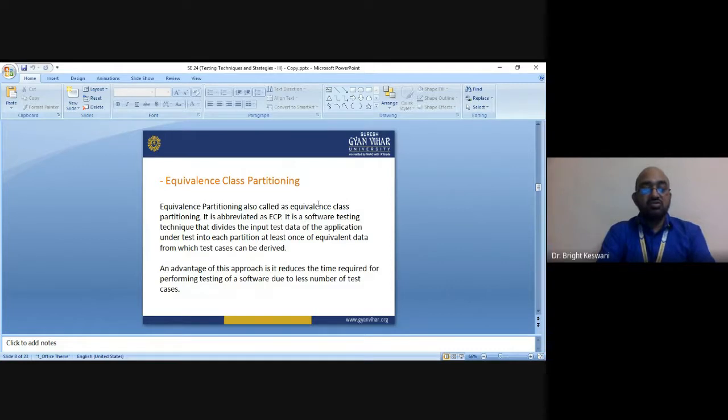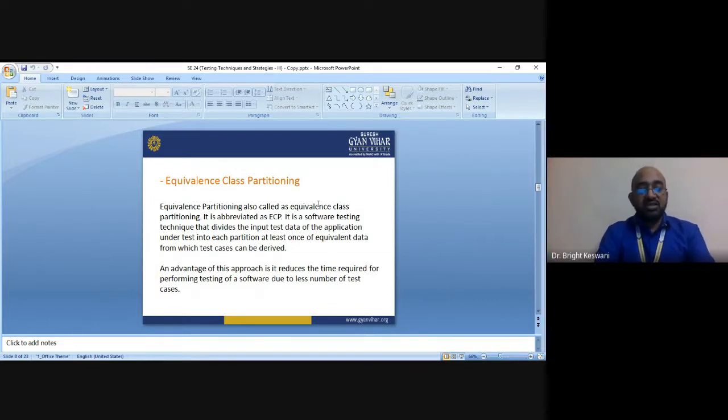So this is all about equivalence class partitioning. Pressman gave guidelines regarding equivalence class partitioning, and I elaborated all four guidelines to you: range, specific value, member of a set, and Boolean expression.